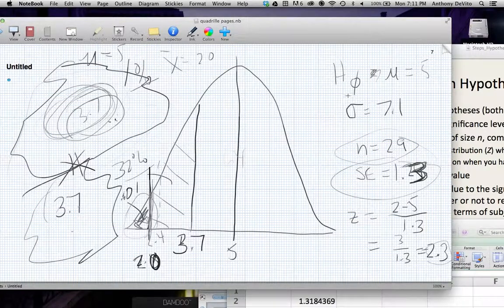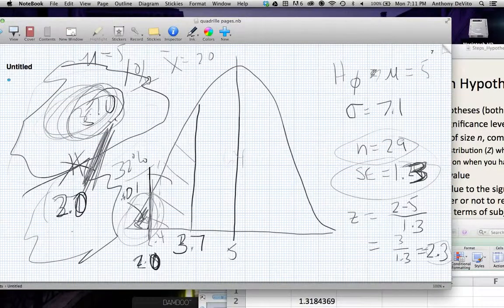So that's so rare that, because this came up 2.0 instead of 5.0, the difference is so great, I'm going to say that's good enough for me to say that the real means of these two groups are different. They're not the same.